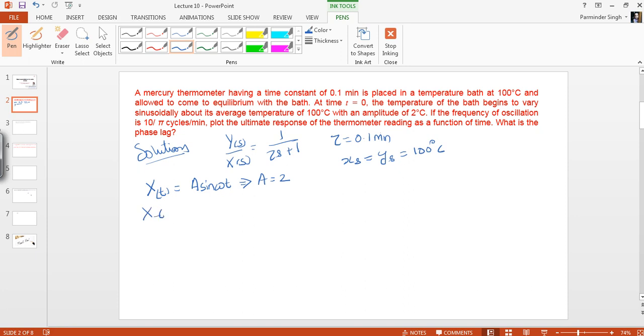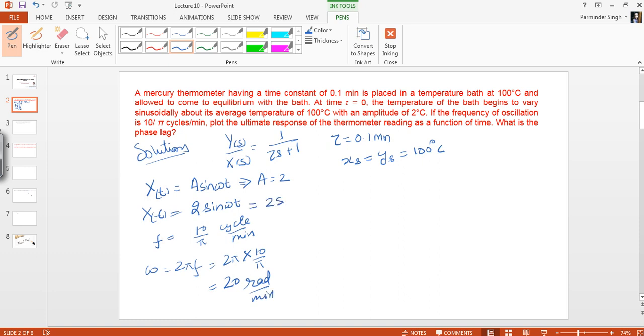So X(t) is 2 sin omega t. The frequency is given as 10 by pi cycles per minute. Omega is equal to 2 pi f, so 2 pi into 10 by pi comes out to be 20 radians per minute. So X(t) becomes 2 sin 20t.